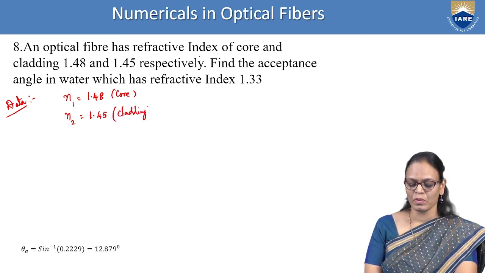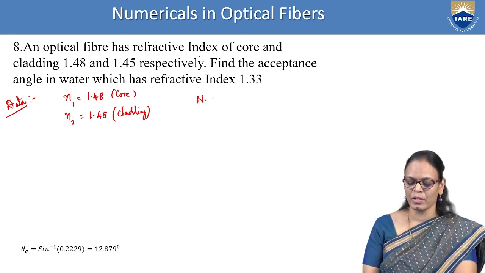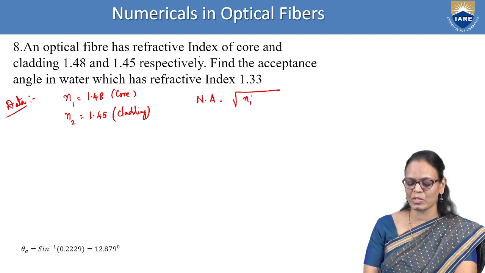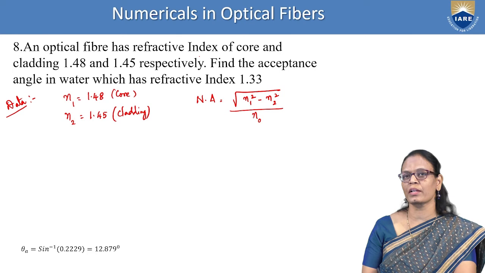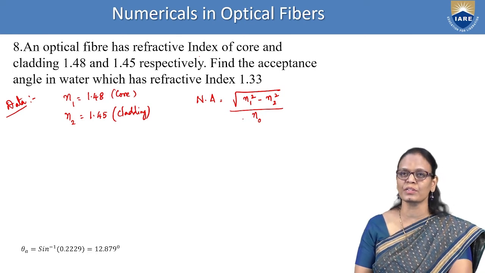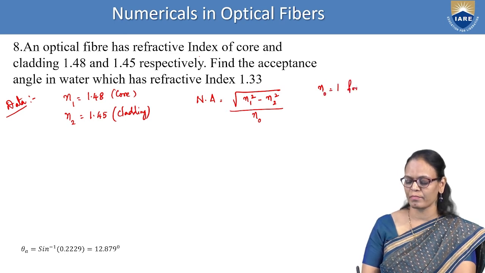Now, in all the other problems, we have considered the numerical aperture to be equal to under root n1 square minus n2 square only, because the refractive index of the launching medium is not given. So we have assumed that it is launched through air, and n naught is equal to 1 for air.